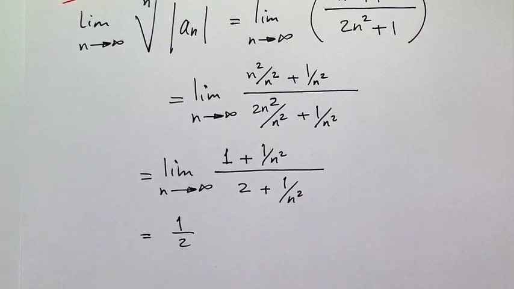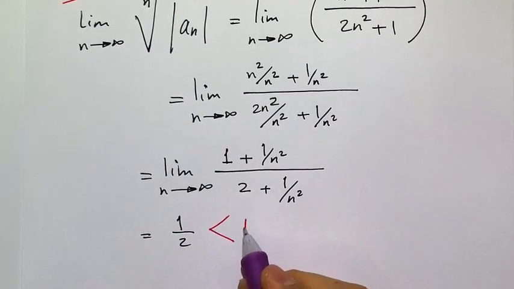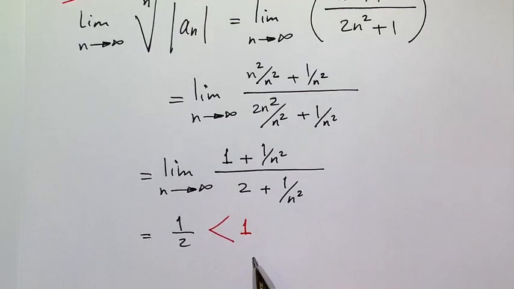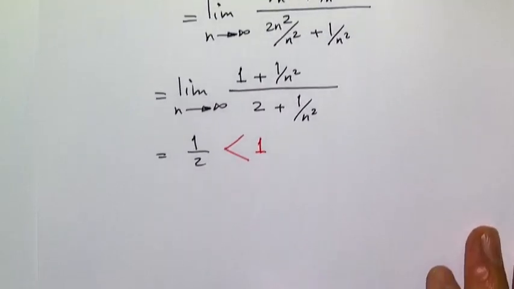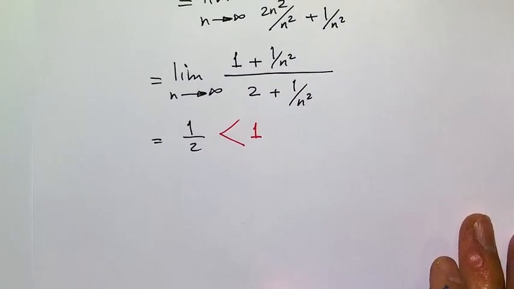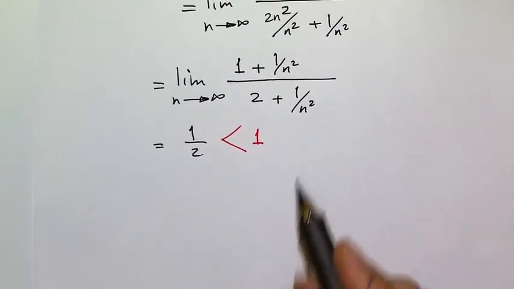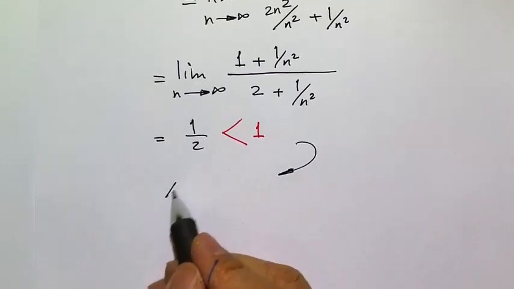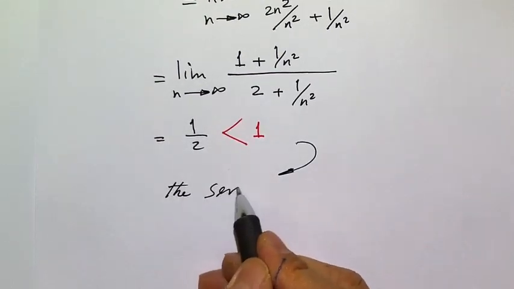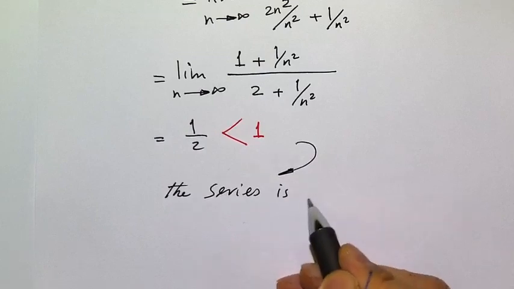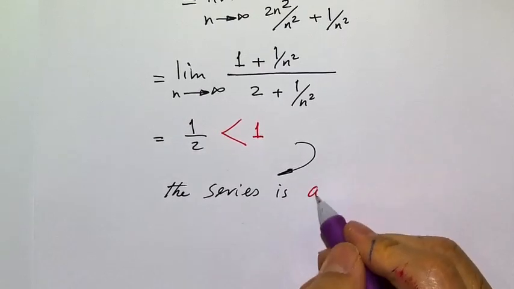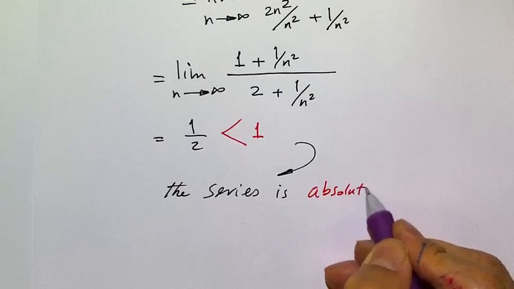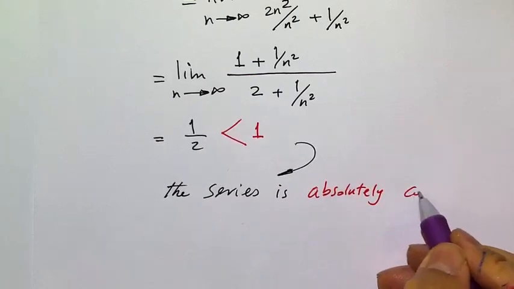Of course, 1 over 2 is less than 1, and a value less than 1 is what we're looking for when the series is convergent. So we can say that the series is absolutely convergent.